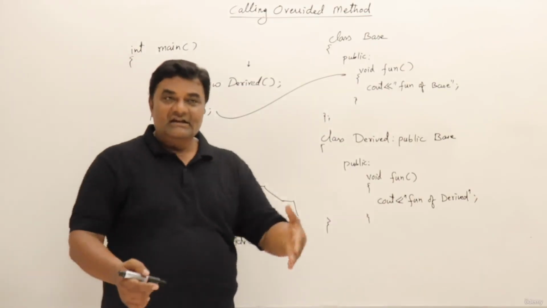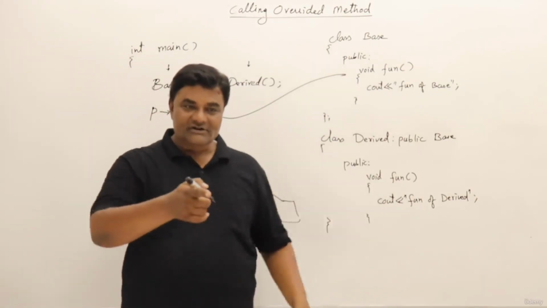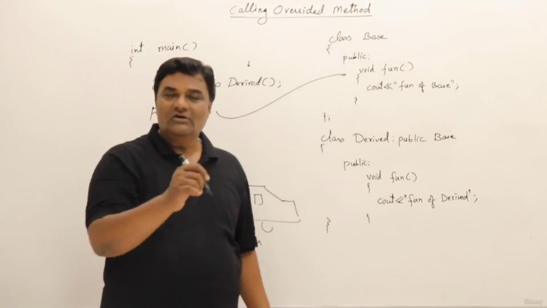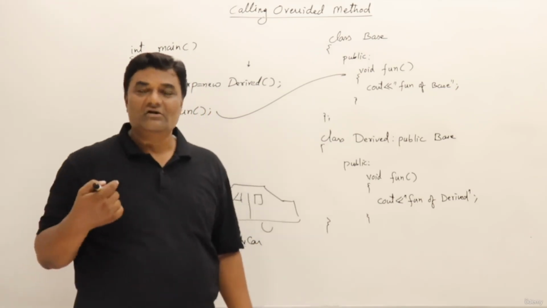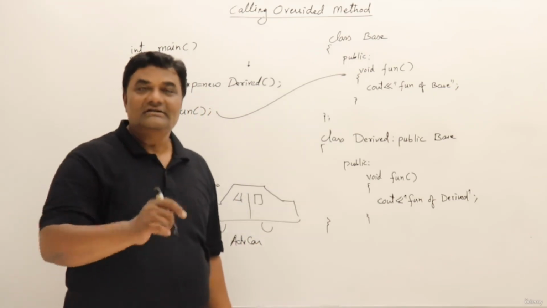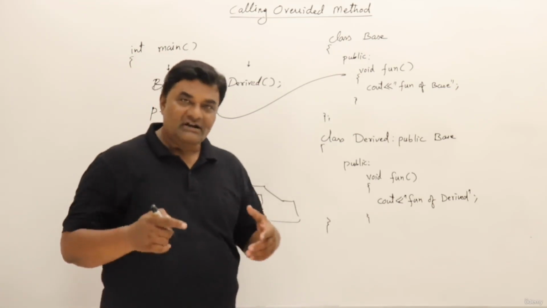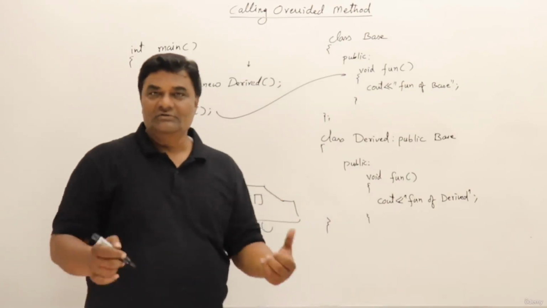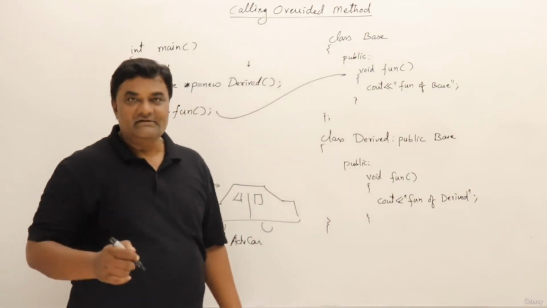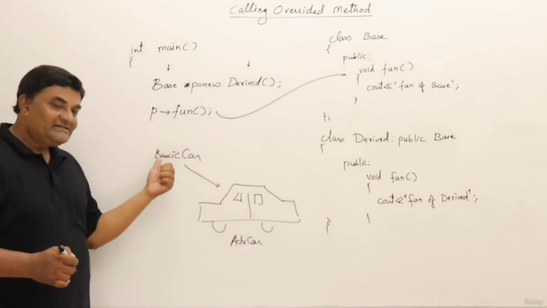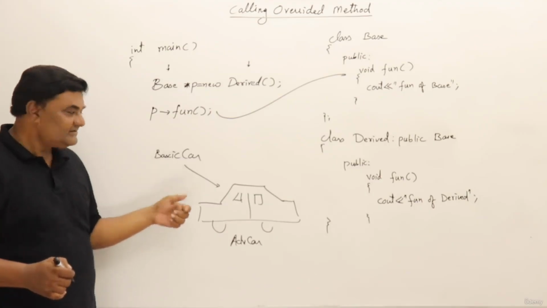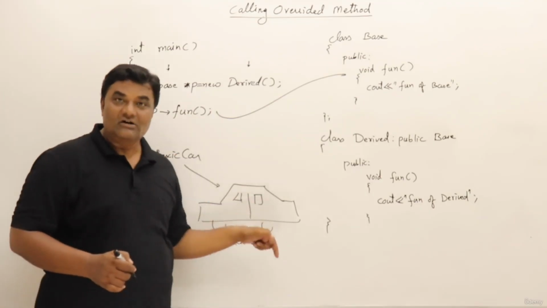See, it is just like if you saw a donkey and say it's a horse. Will it run like a horse? You are thinking it as a horse, but it's a donkey. It will not run like a horse. When you run it, it will run as a donkey only. Same way, here basic car is the reference, and you are pointing on the advanced car object.